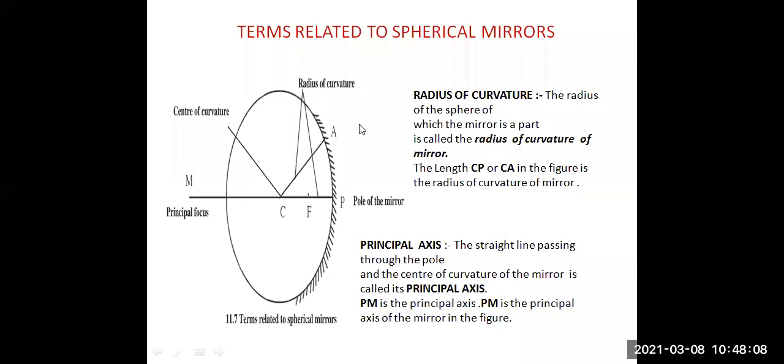The fourth term is the principal axis, the straight line passing through the pole and the center of curvature of the mirror. Now you can see P, the pole, is the center of the mirror and C is the center of curvature. Now a straight line is passing through both these points and that line is called the principal axis.